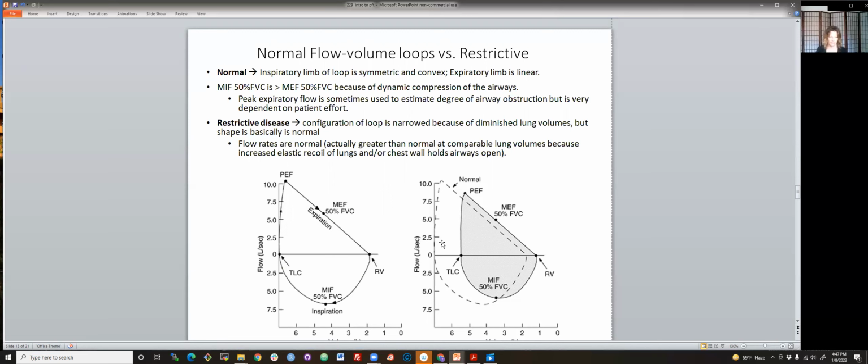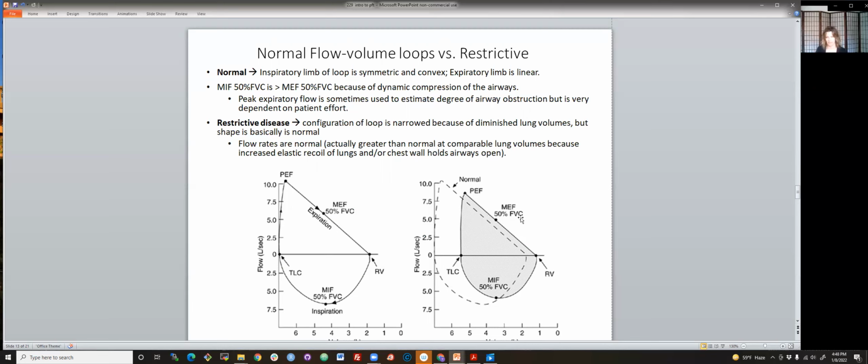In this situation, the maximal inspiratory flow, which is IF, maximal inspiratory flow here at 50%, is greater than the maximal expiratory flow at 50% because of the dynamic compression of the airways. Peak expiratory flow is sometimes used to estimate the degree of airway obstruction, but it's very dependent upon patient effort.